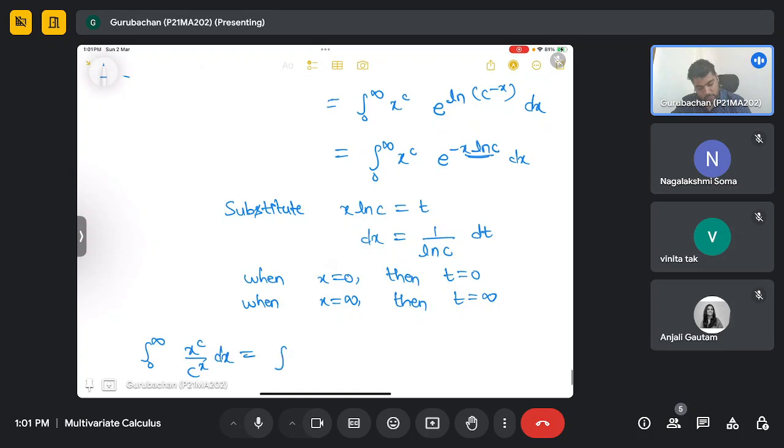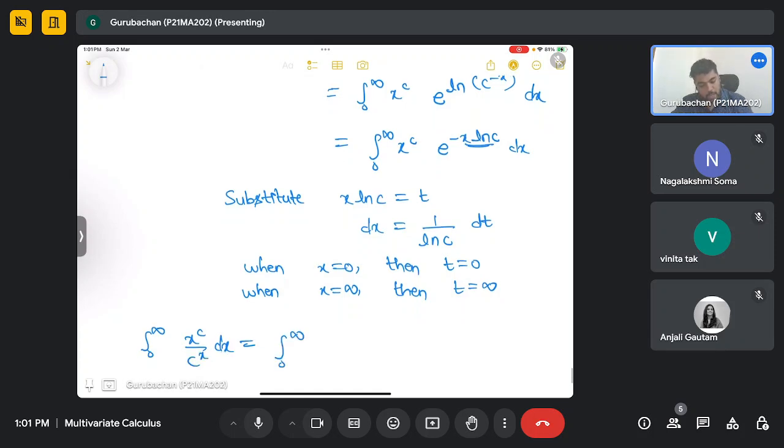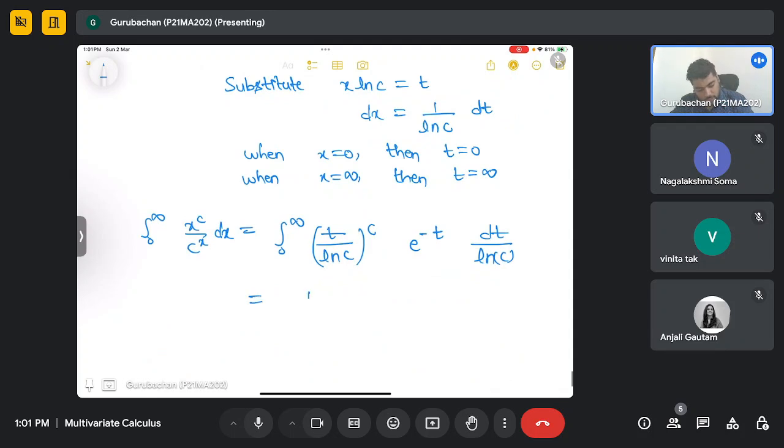It will be transformed to 0 to infinity t by ln c to the power c e to the power minus t and dt divided by ln c. So this will give us 1 by ln c to the power c plus 1, 0 to infinity t to the power c e to the power minus t dt.